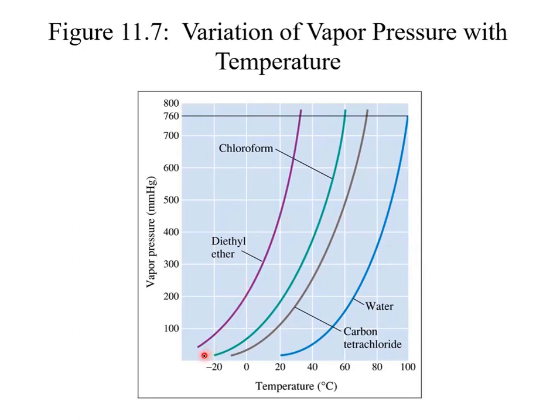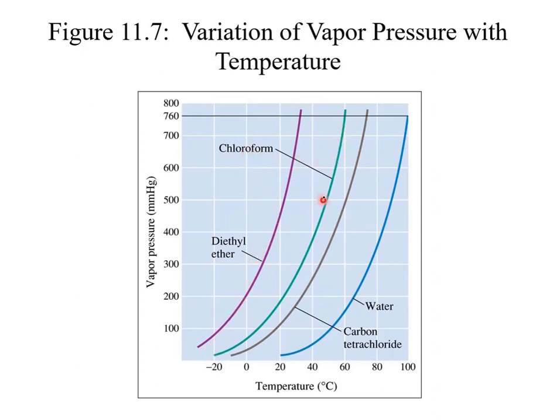This slide shows you that different substances, diethyl ether, chloroform, and carbon tetrachloride, these three are organic molecules, okay? And you'll notice that diethyl ether here has the highest vapor pressure at any given temperature, and so it's going to be the most volatile, meaning it most easily becomes a vapor, all right?